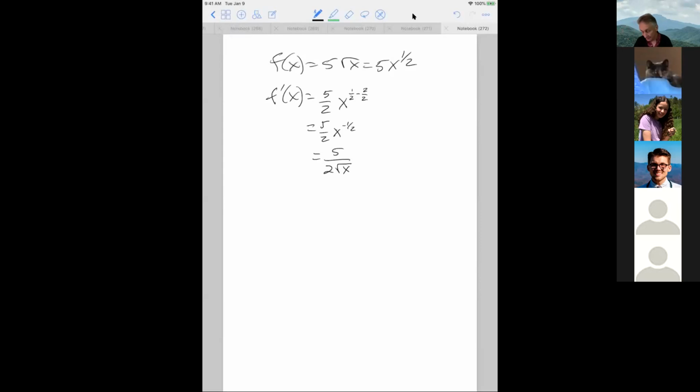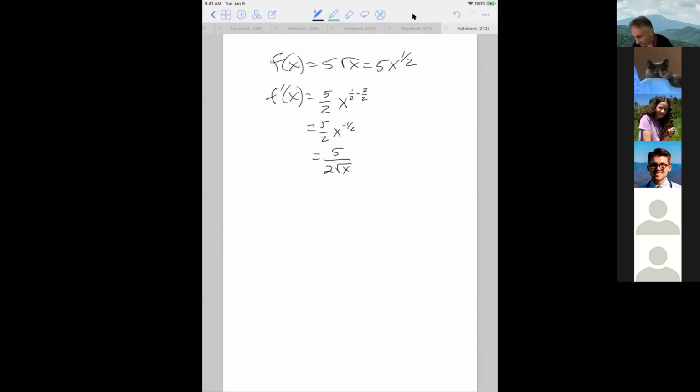Okay? So here's a situation where the derivative is undefined. That's one of the things about a critical point: the derivative is undefined at x equals 0, but it's got to be in the domain. Is it in the domain of the original function? Yes, it was. So 0 worked in the original function. Notice something had to happen: x had to get in the denominator.